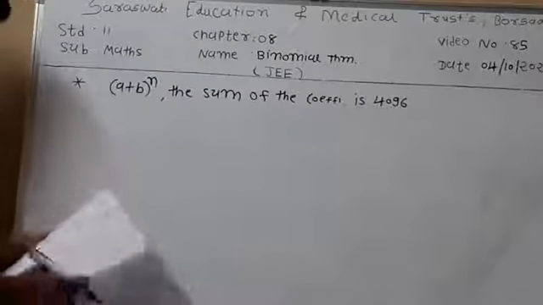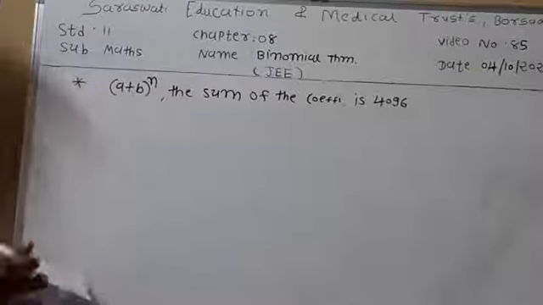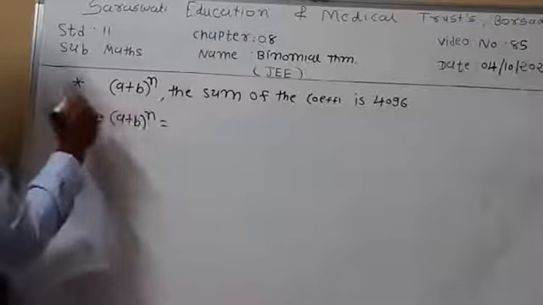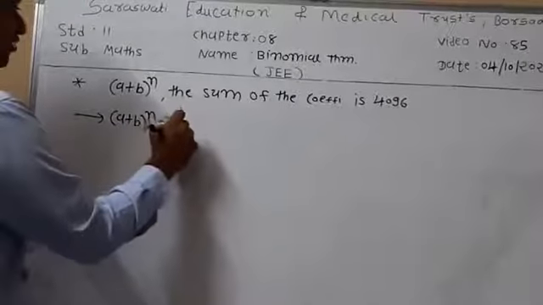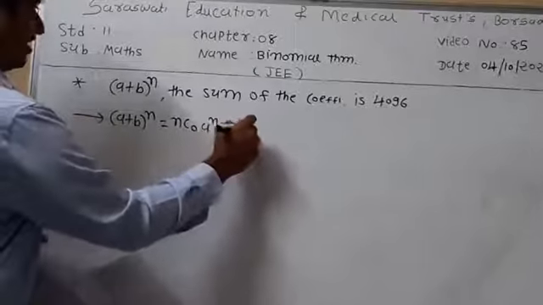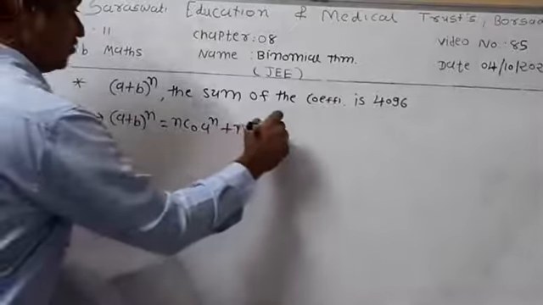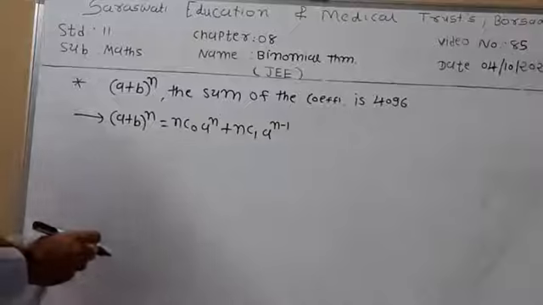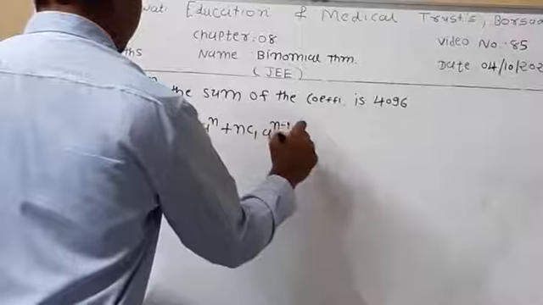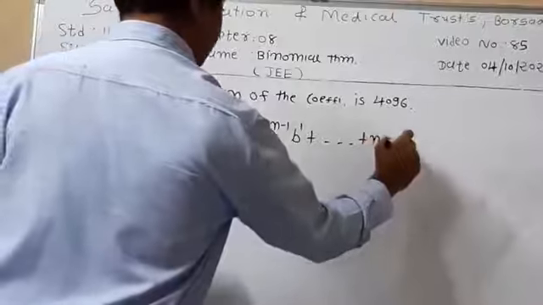So first of all, we know the binomial expansion form, so (a plus b) raised to n is equal to nC0 a raised to n plus nC1 a raised to n minus 1 b raised to 1, plus up to the last term nCn b raised to n.